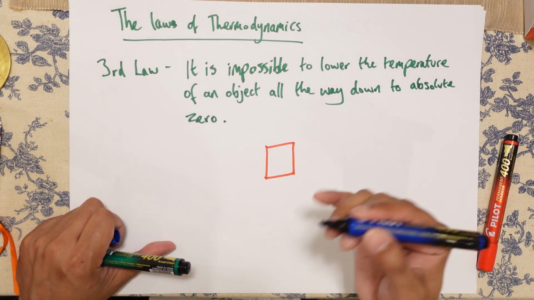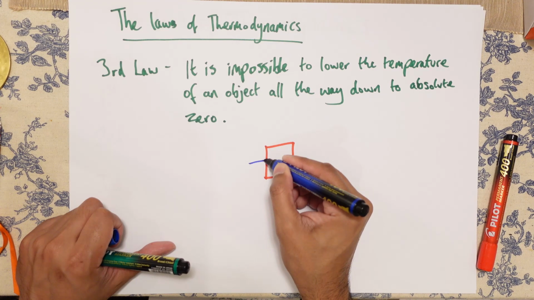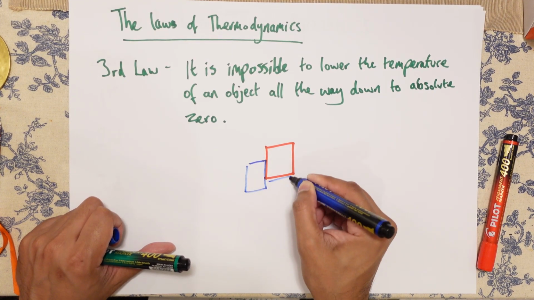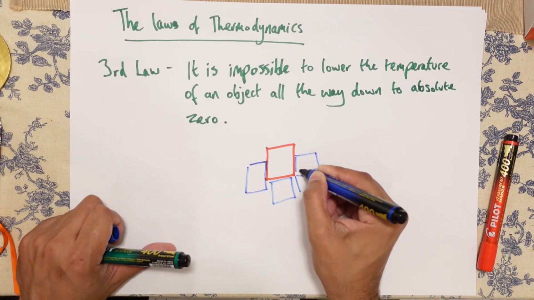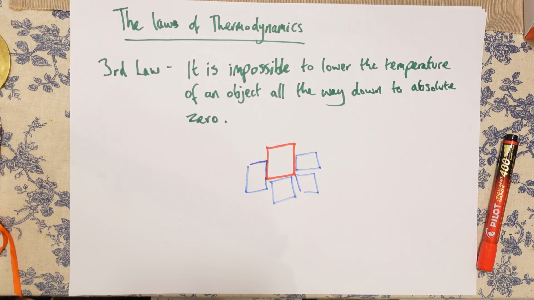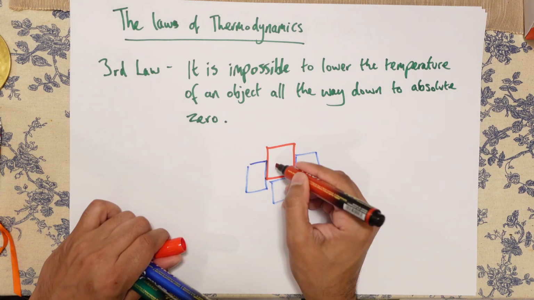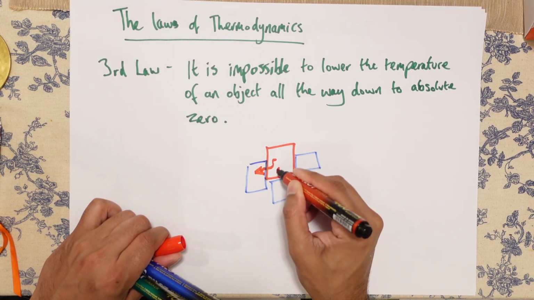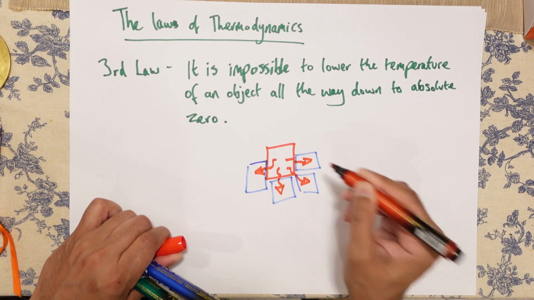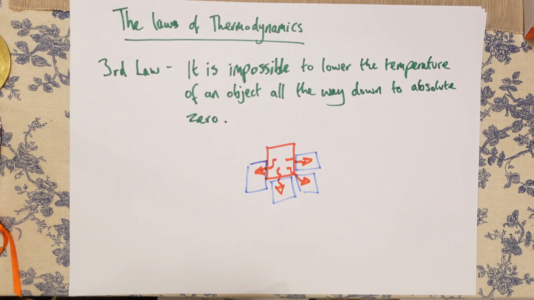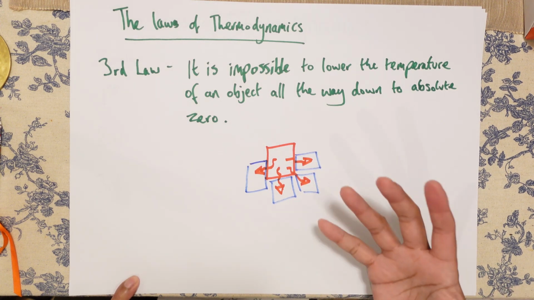Well, in order to cool it down to absolute zero, you've got to surround it by other cold things which are at absolute zero, which is, by the way, an impossibility. And what's got to happen is the heat from here needs to get absorbed by all of those. Now, as a result, what happens is this thing can get close to absolute zero.